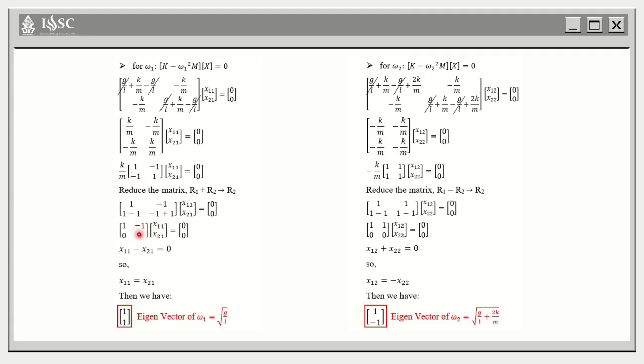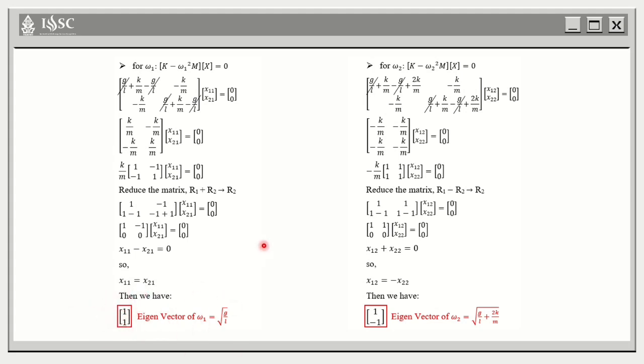So at the end we'll have x11 minus x21 is equal to 0, so x11 is equal to x21, and then we will have the eigenvector of omega 1 here.